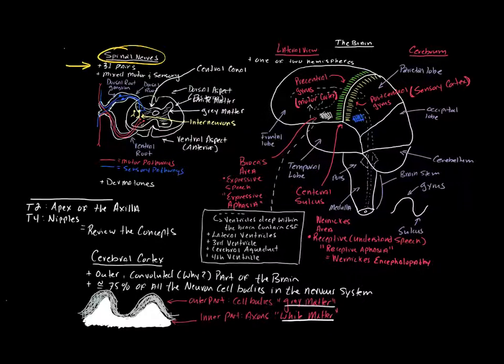Okay? And so here I'm looking at a cross-section of the spinal cord itself, right? And in the very middle of the spinal cord, you have what's called the central canal. And the central canal is filled with cerebrospinal fluid, which circulates through the central canal. And the spinal cord is also covered in meninges, like the brain, because it is a part of the CNS, all right?